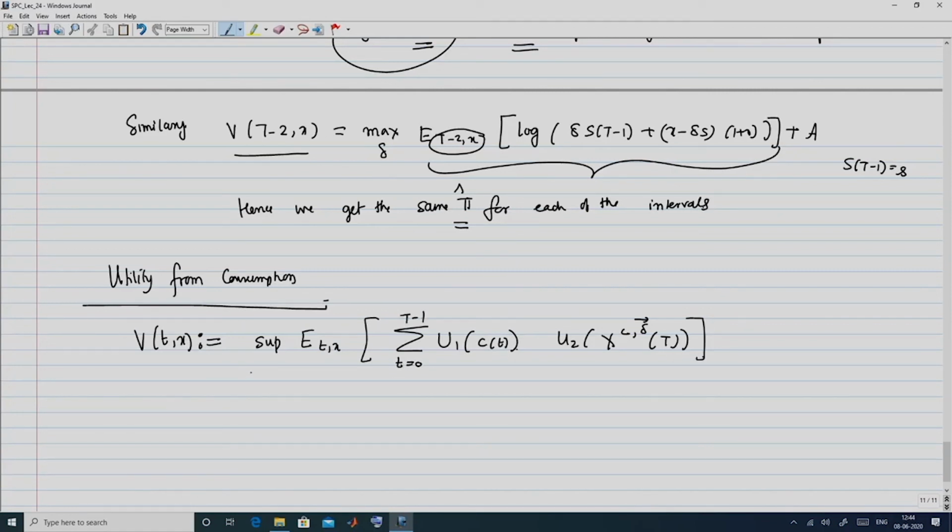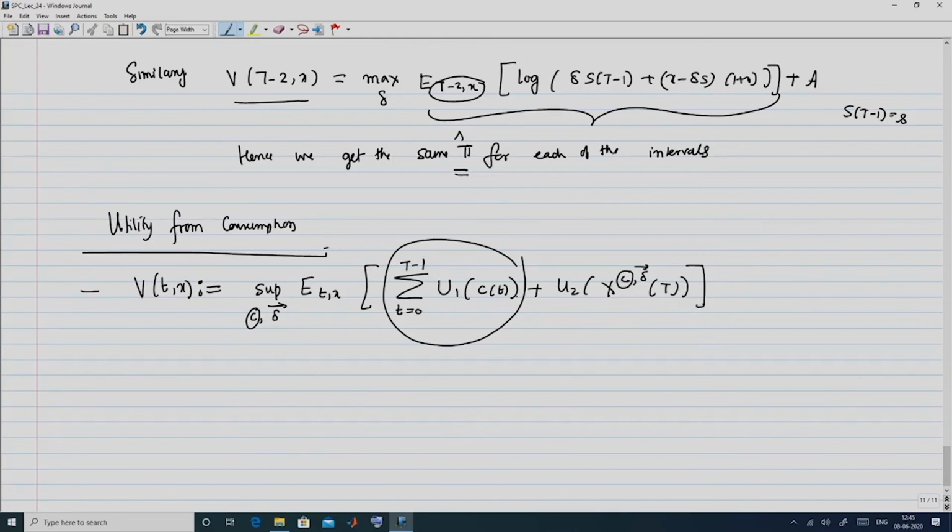Accordingly, the supremum is going to be taken over not only just the vector delta, but also C. So, the only change that has happened is that I have this term which has shown up, and now accordingly the optimization has to be done over all the consumption processes.